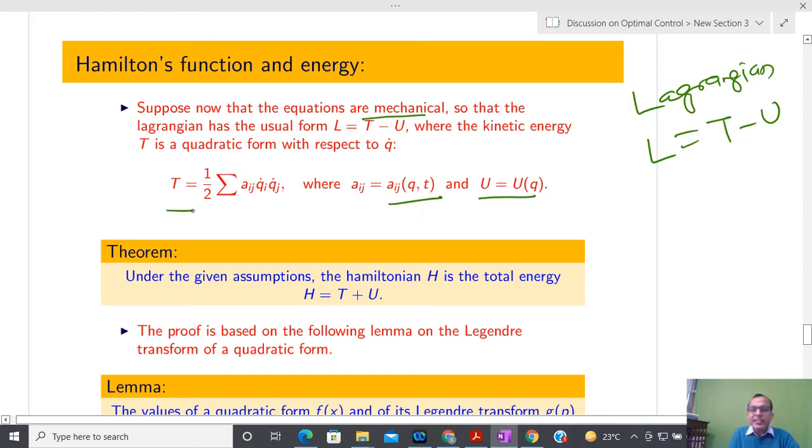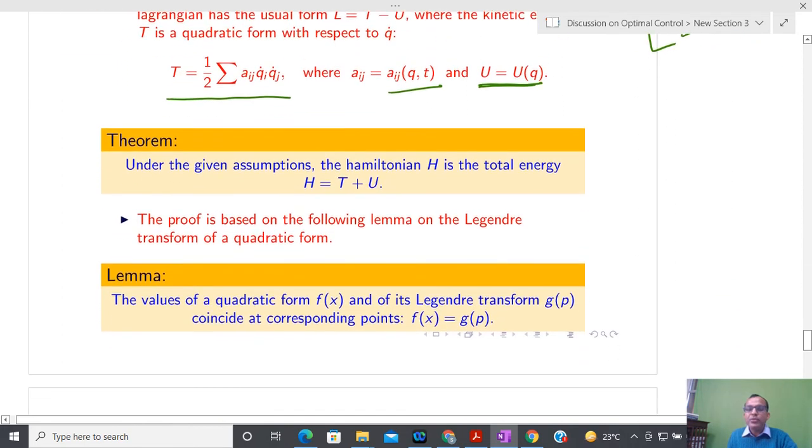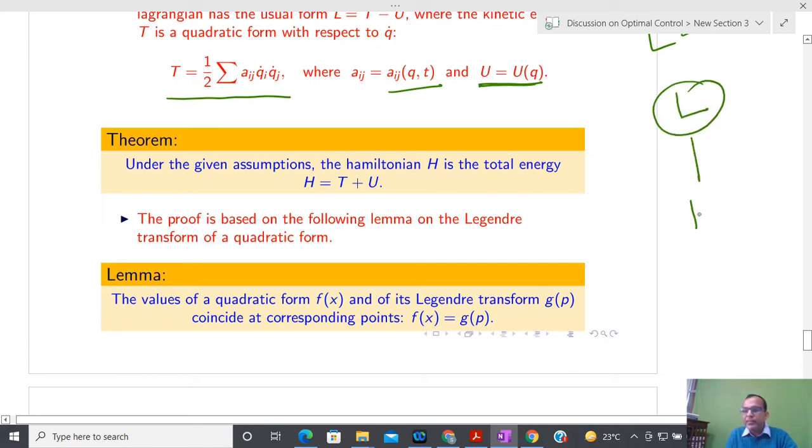So this is the generalized formulation of the kinetic energy, and this is the generalized formulation of the potential energy. It is possible to show, using that kind of transformation, that whenever we convert the Lagrangian into the Hamiltonian, initially the Lagrangian is defined as kinetic energy minus potential energy.